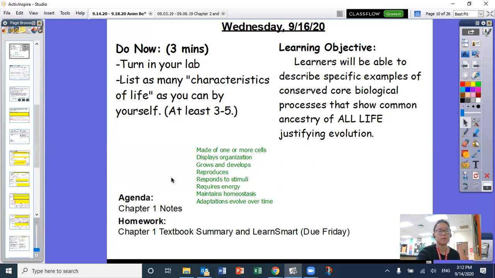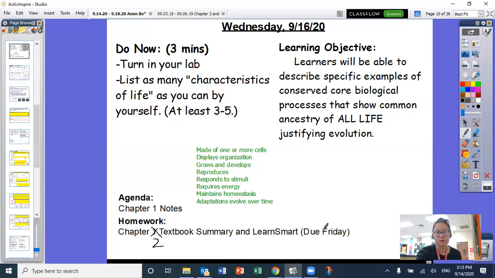It's going to be kind of light because I just bombarded you with work on Monday. And your homework is going to be the chapter 1 textbook summary and, let me change that. I already have it written down. So this is actually going to be the chapter 2 textbook summary and Learn Smart.